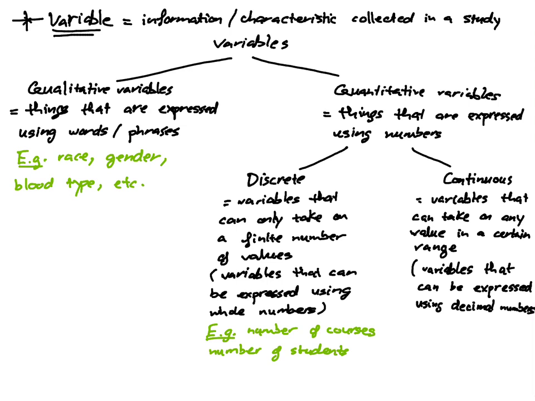So for example, you have things like weight, height, income, temperature, and so on and so forth. Okay.